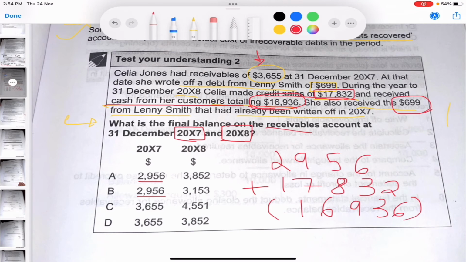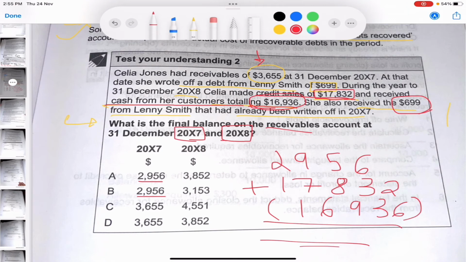What is the entry of irrecoverable debts recovered? It is debit cash, credit irrecoverable debt expense. So we are not going to involve it. So the final answer would be nothing but 2956 plus 17832 minus 16936.